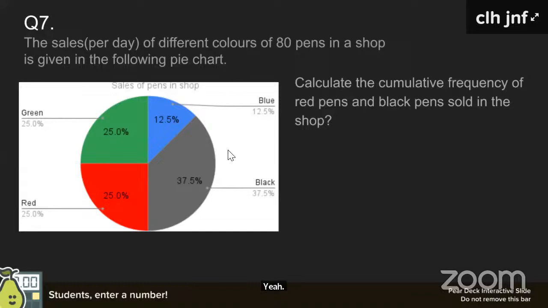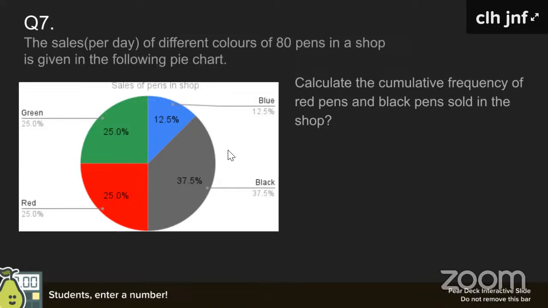But if you want to find it for the whole pie chart, the different colors of pens, I think order is also important, ma'am. No, you can calculate randomly also. See, can you just tell me, if you calculate the sum of all, what will be your sum?